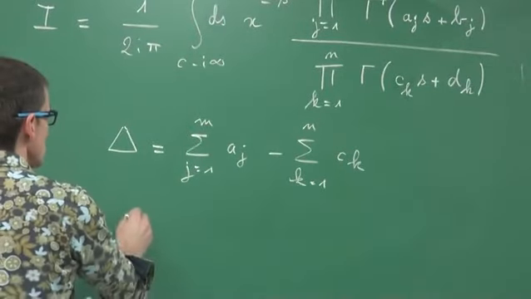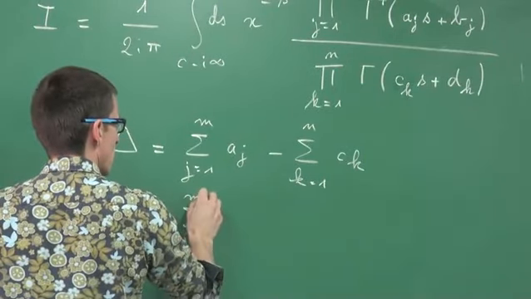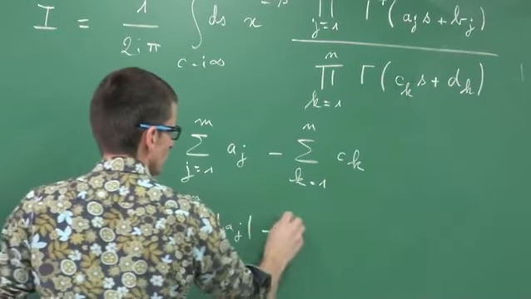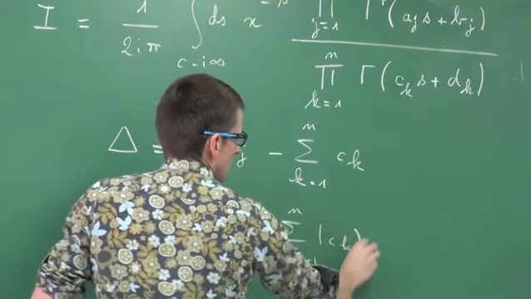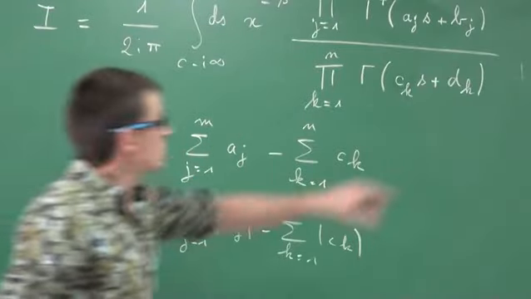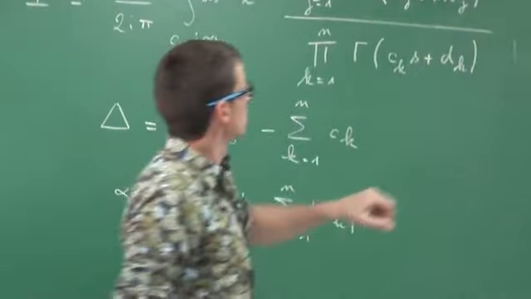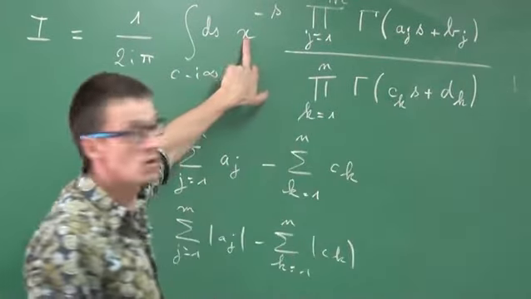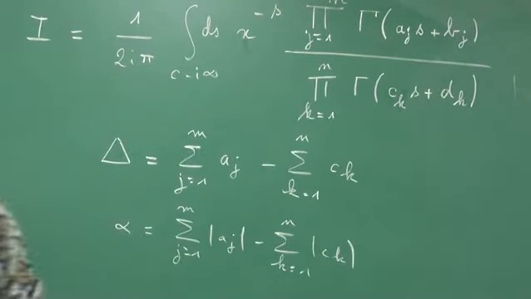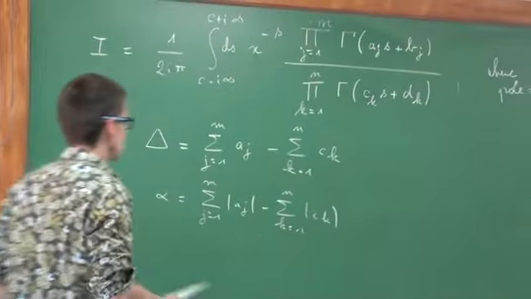Okay? And the same quantity but with absolute values. I forgot to say that the a_j and c_k are real numbers, but this one may be complex, and this may be complex also. Here it's real, since this is the ratio of masses, but in general they use the definition also for complex x.